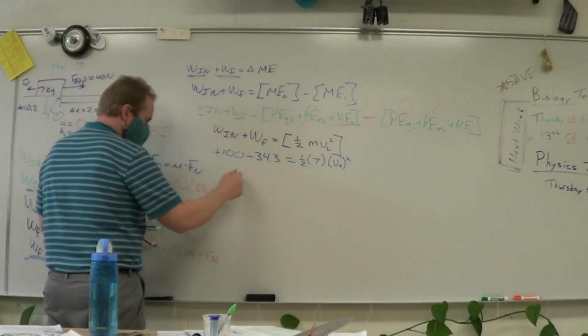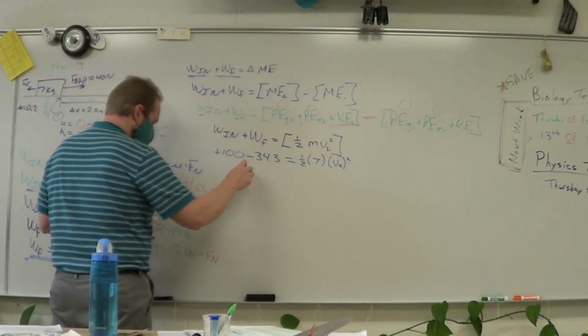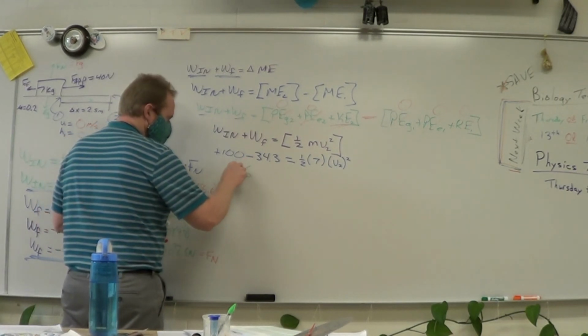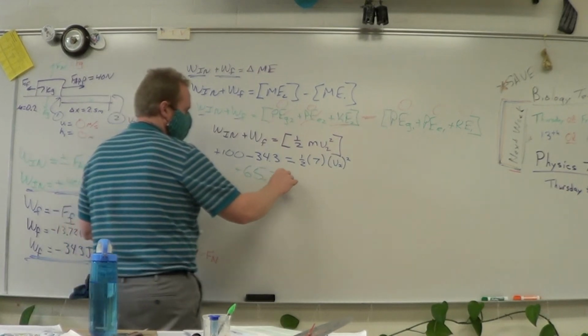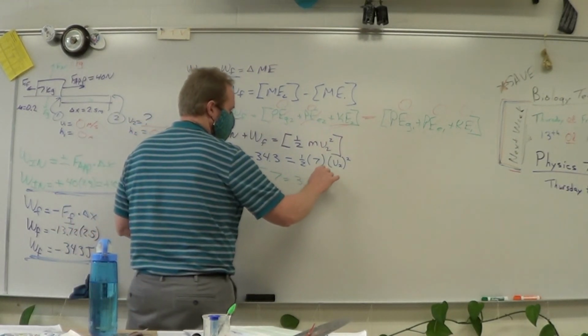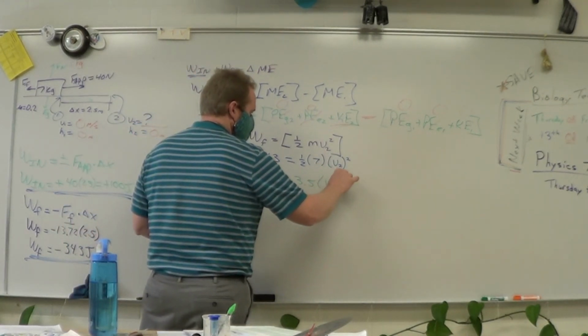So 100 minus 34.3 is positive 65.7, which is equal to 3.5 V2 squared.